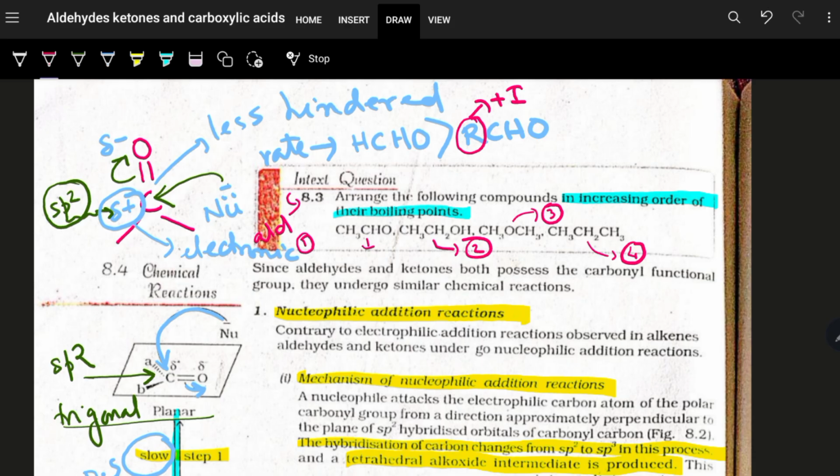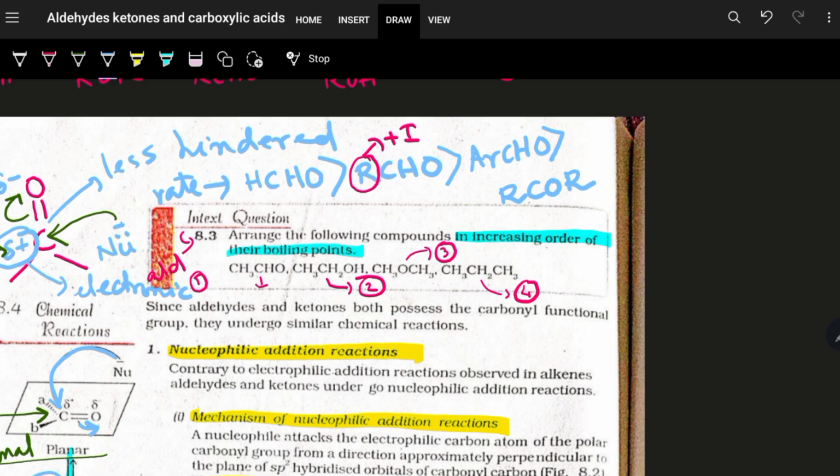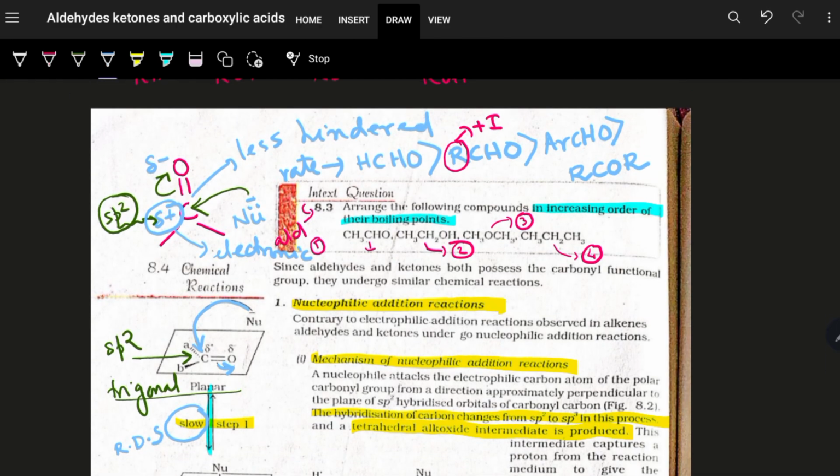It also causes greater steric hindrance in comparison to formaldehyde. Then comes ArCHO, benzaldehyde, where steric and electronic factors are both there. And then comes RCOR, that is ketone. This is the order of rate of reaction towards nucleophilic addition in aliphatic and aromatic carbonyl compounds as well as ketones.